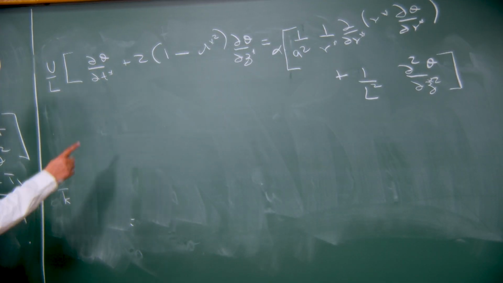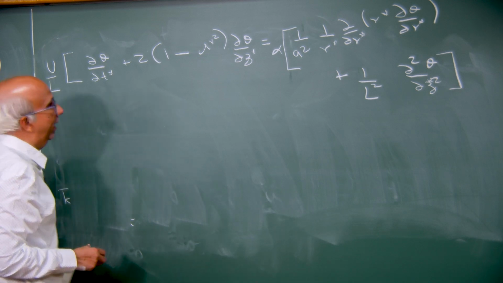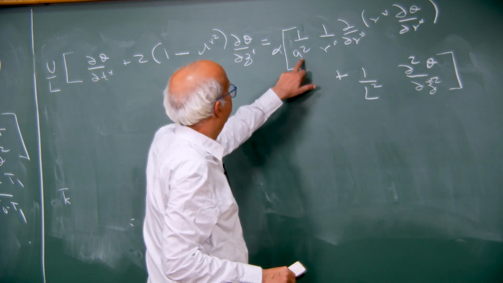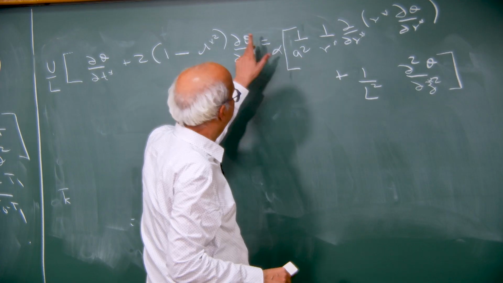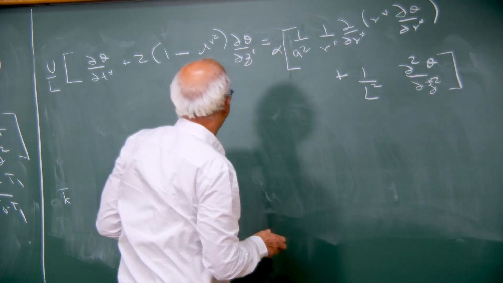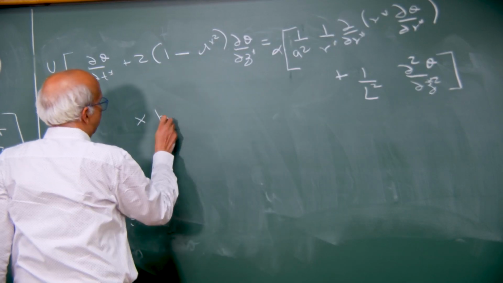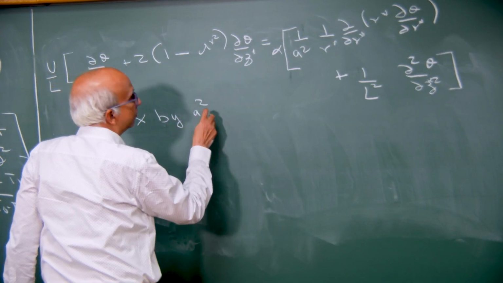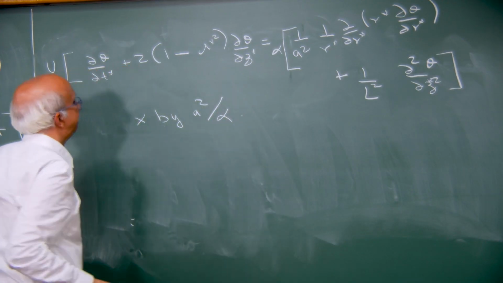So, what do I get here? I divide by alpha again, and multiply all the terms by A squared over alpha.